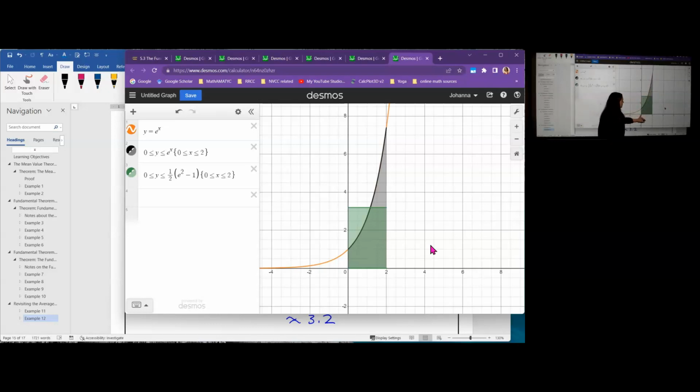The area between 0 and 2 under the curve is shaded a light gray. Then I drew a horizontal line segment over the interval at the height of our average value, e squared minus 1, the quantity divided by 2. The area in green is equivalent to the shaded gray area. They're exactly the same.